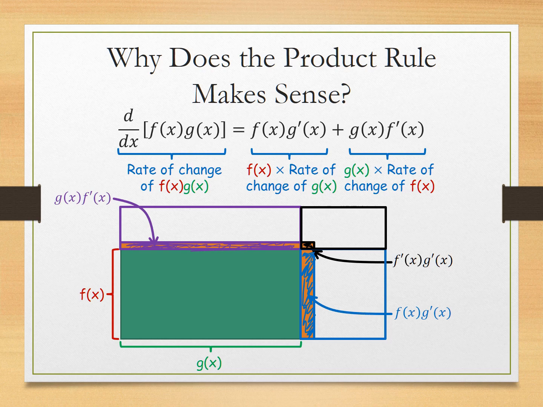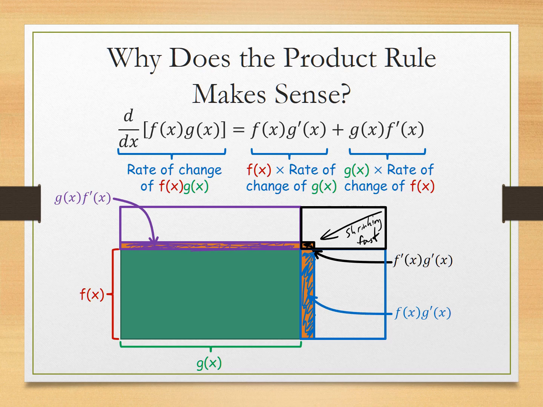So what you see here is that this black corner, which represents the product of the rates of change, is shrinking very fast, much faster than the other two parts, by an order of magnitude.